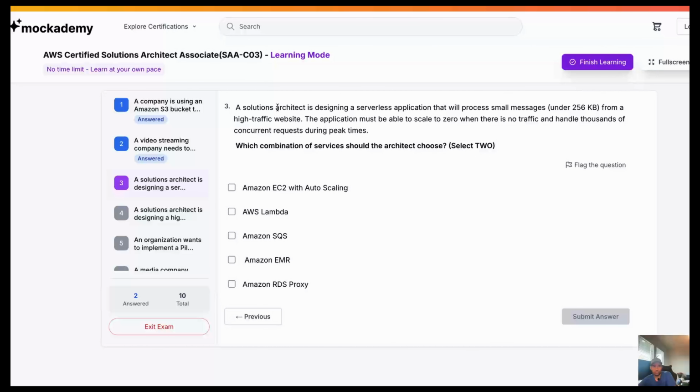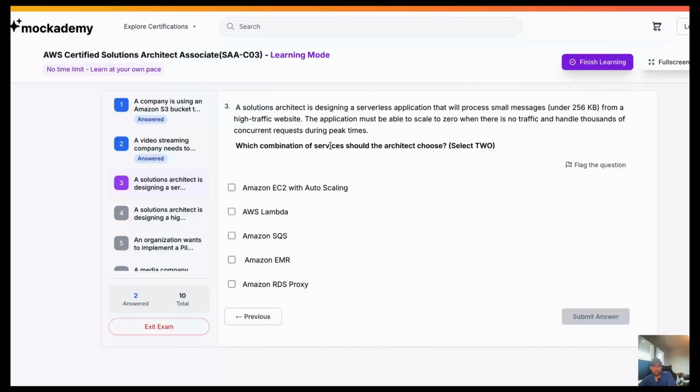A solutions architect is designing a serverless application that will process small messages under 256 KB from a high traffic website. The application must be able to scale to 0 when there is no traffic and handle thousands of concurrent requests during peak times.